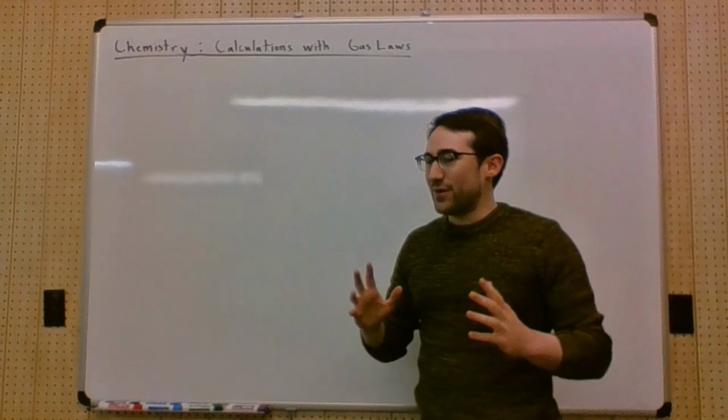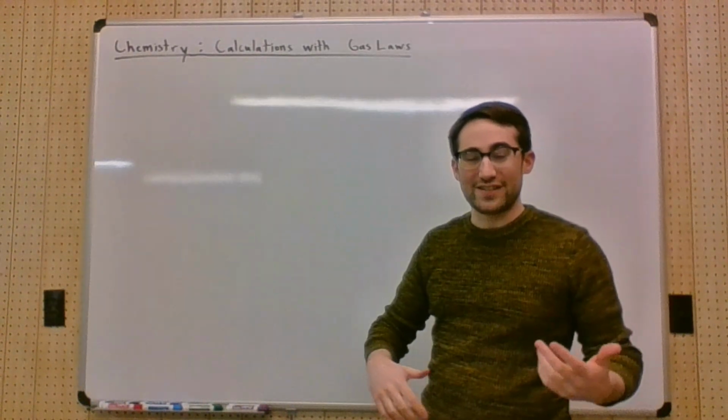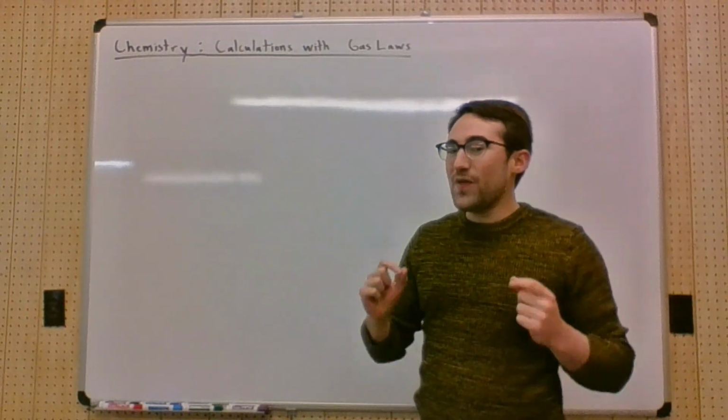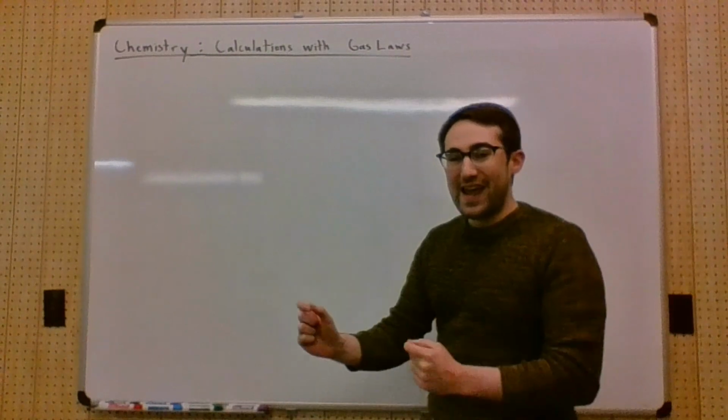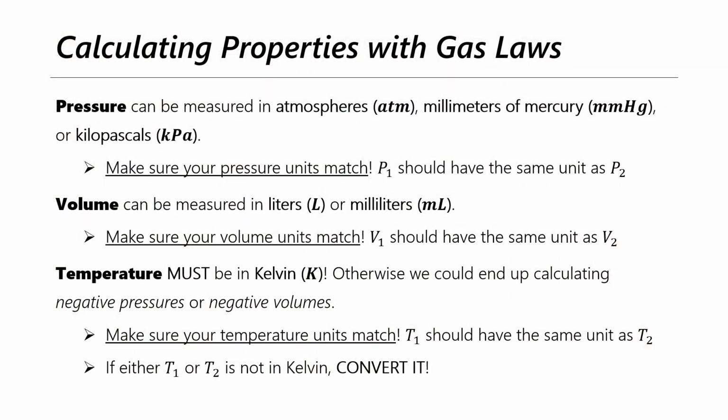Now, not only can we predict how one thing will change another, what direction it goes, whether something increases the pressure or decreases the volume, we can figure out what the new pressure or volume or temperature is with a calculation. We can actually figure out, all right, what is the new pressure going to be in here if I'm measuring in atmospheres or kPa, that's kilopascals.